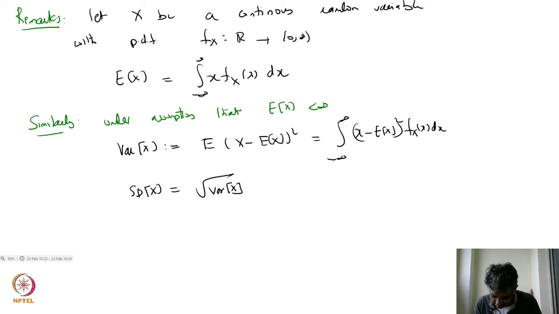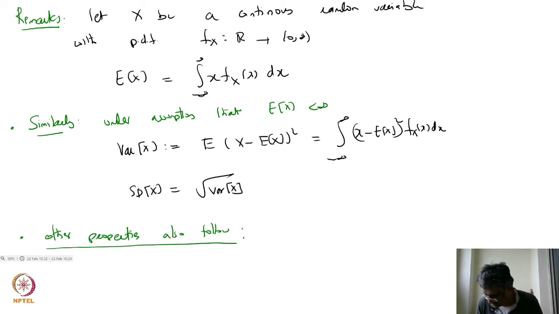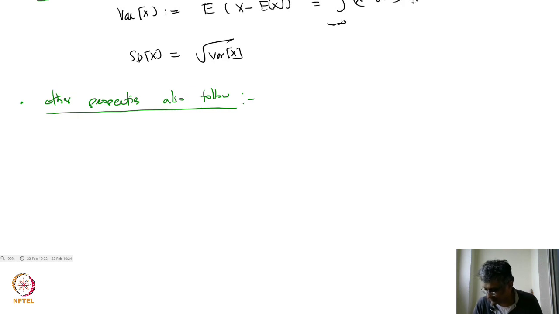So this is one thing. Other properties also follow, just by using integration instead of sums. That is, for a positive, the variance of a times X is just a squared times the variance of X. This is an important property that we'll use again and again.